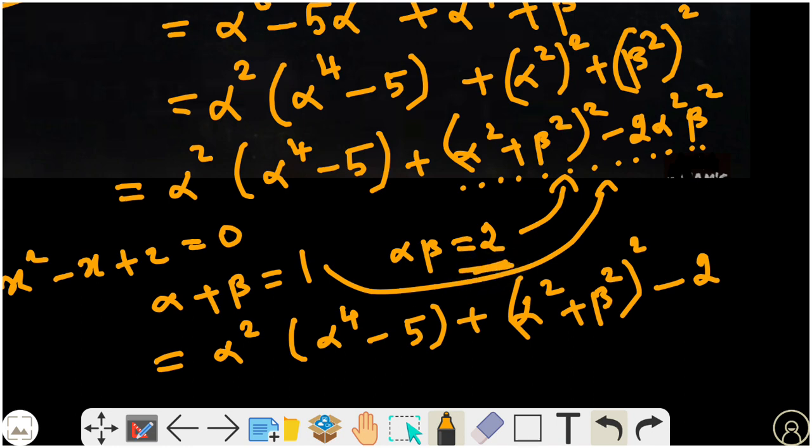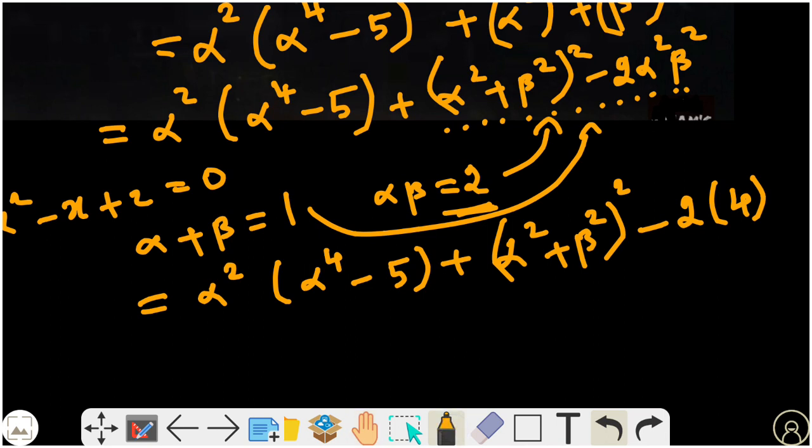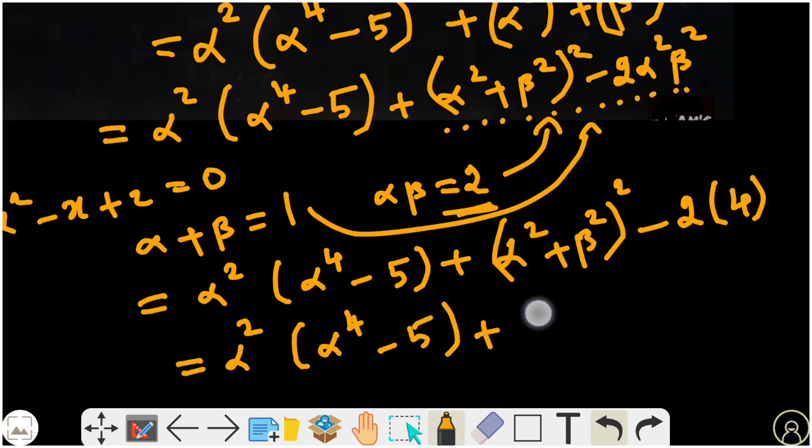I have to take it so that 2 square gives 4. Next, alpha square into alpha power 4 minus 5 plus alpha square plus beta square the whole square, minus 2 fours are 8.